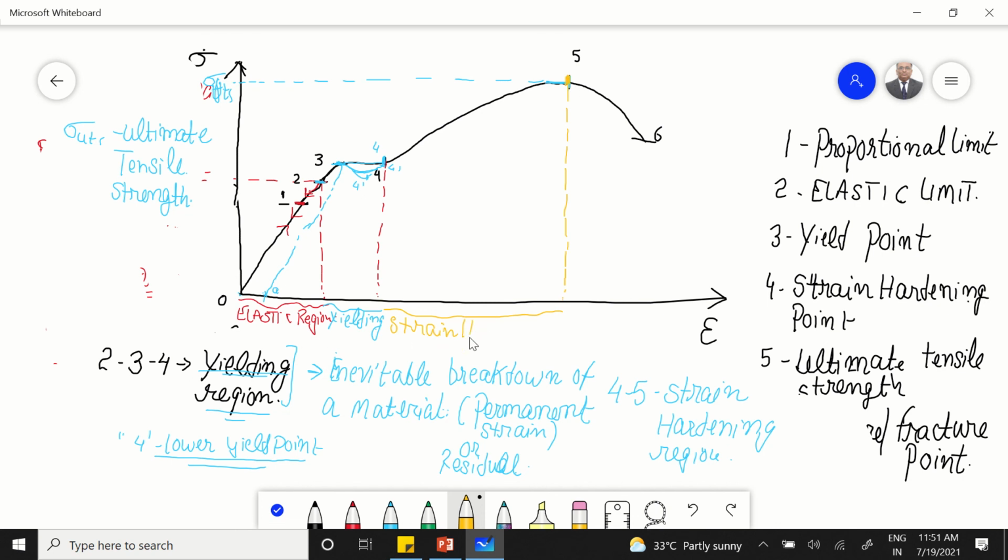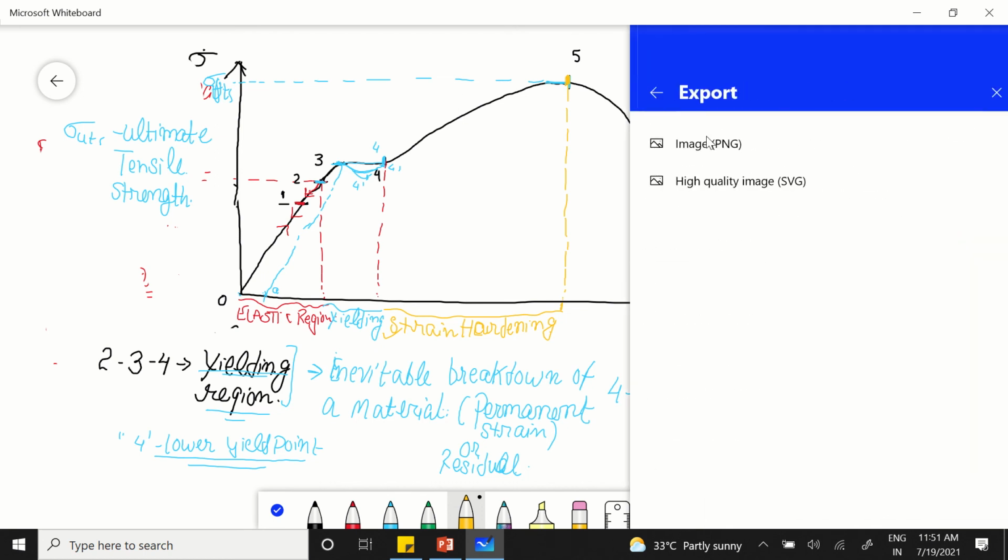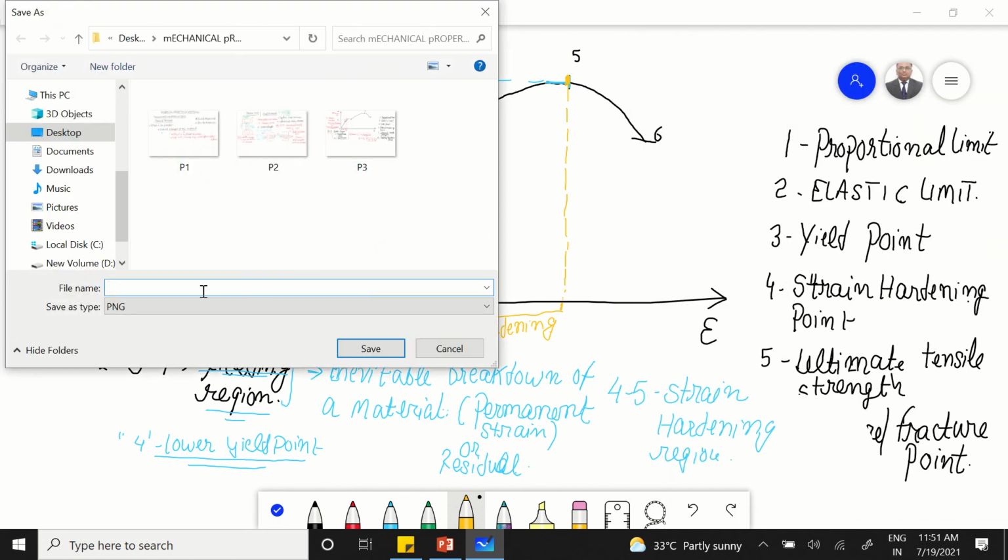We call that process strain hardening, and in later lectures we will see that strain hardening plays a very important role in designing materials against severe plastic deformations. So this is the strain hardening region. Let me save this. We continue our discussion on the next page. Let us say this is P4.